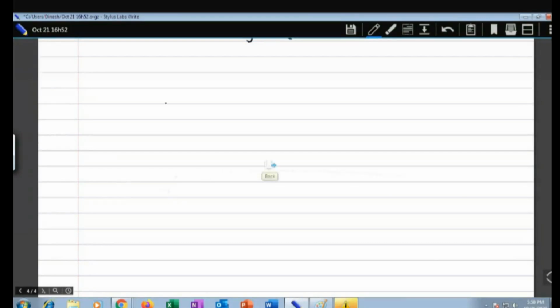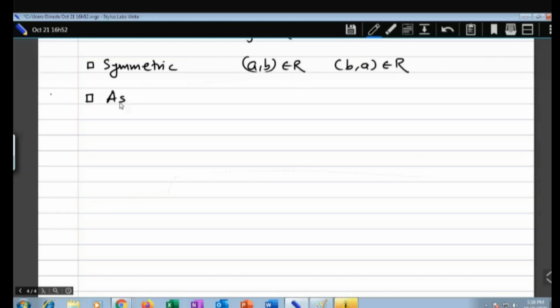Asymmetric, I think we have covered antisymmetric, right? Now again I will write what is symmetric. You say a comma b is in R and b comma a must be in R, then R is symmetric. Now next is asymmetric. It is not antisymmetric; antisymmetric is different.